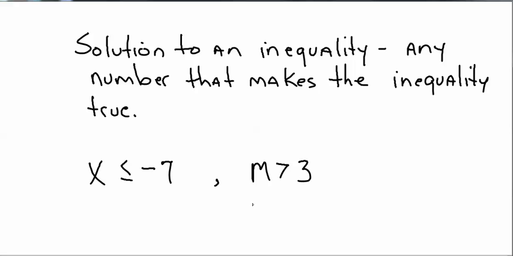Ricky. Nice. Brandon. J is less than negative 171. Very good. Okay, for this first inequality, give me a value of x that would be a solution to that inequality.